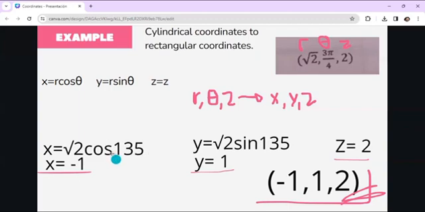So we need to put all this equation in the calculator, and the result that we have is x is equal to -1. This is our first result.